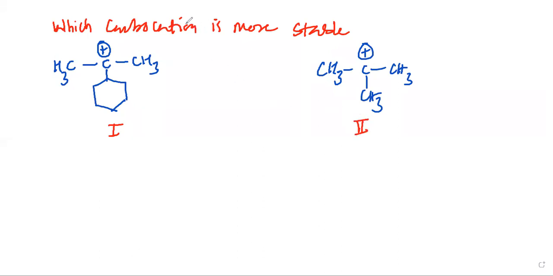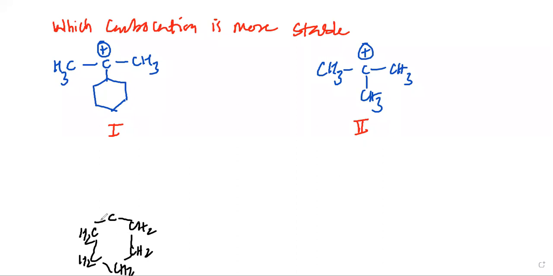See, to understand this, we first need to understand this structure. If you look into the cyclohexane, that is your C, then you have CH2, CH2, CH2, CH2, and again you have CH2.